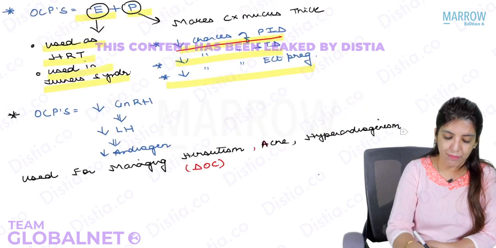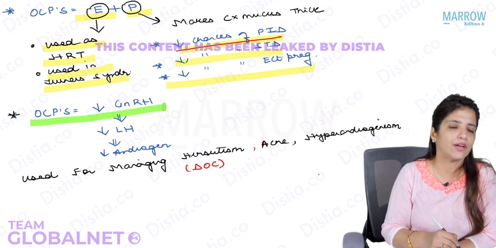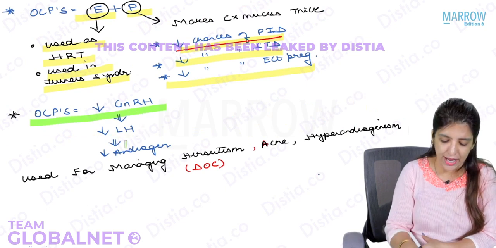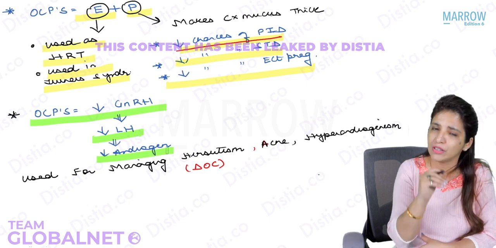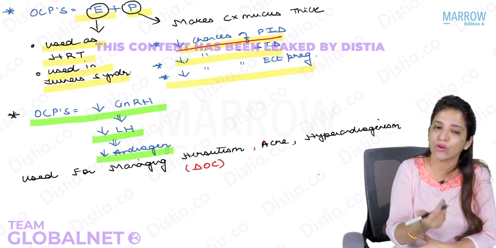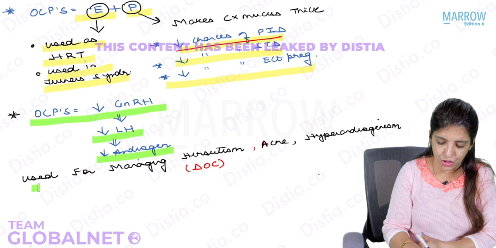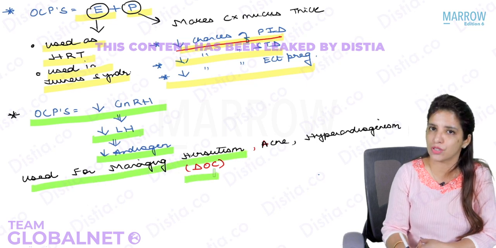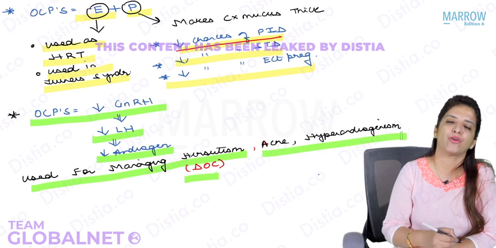Continuing with the non-contraceptive benefits. Now, because oral combined pills are decreasing GnRH, in turn they are decreasing LH, and because LH acts on theca cells to produce androgens, if levels of LH are decreased, the levels of androgens would be decreased. That is why oral combined pills are drug of choice for managing hirsutism. They are also used for managing acne and hyperandrogenism.